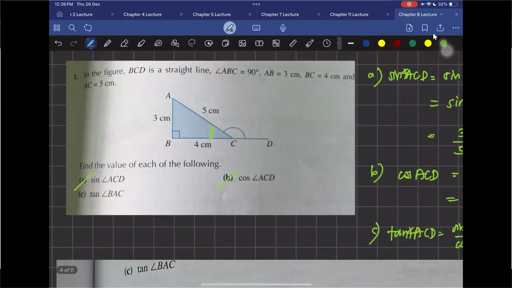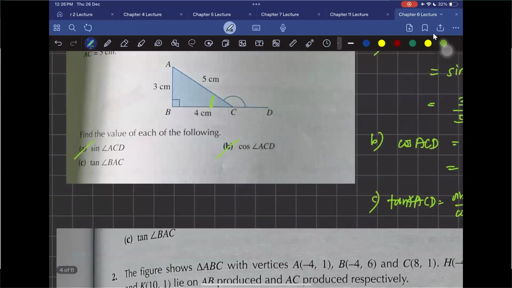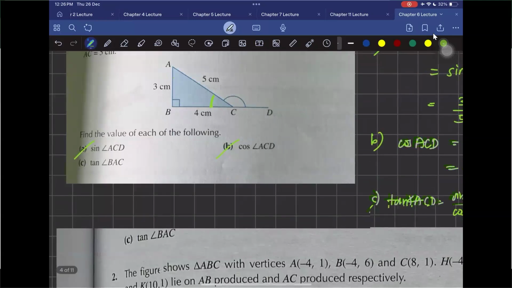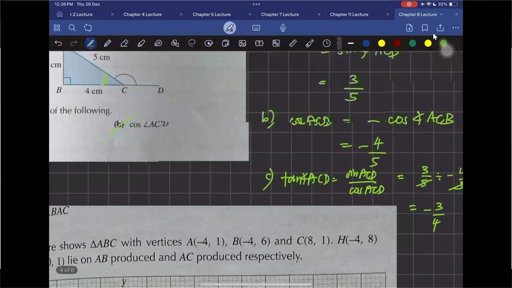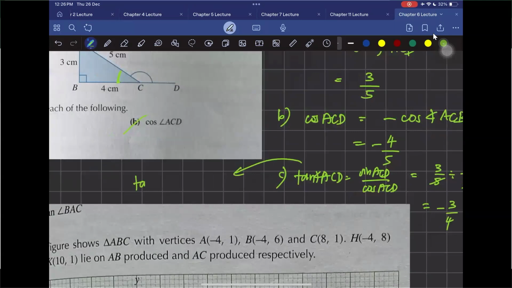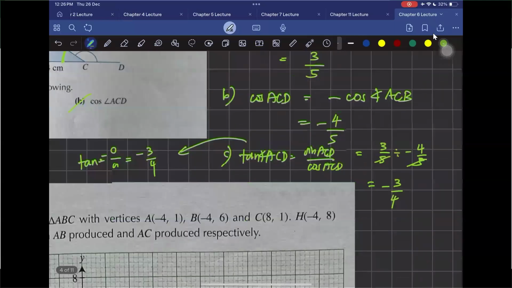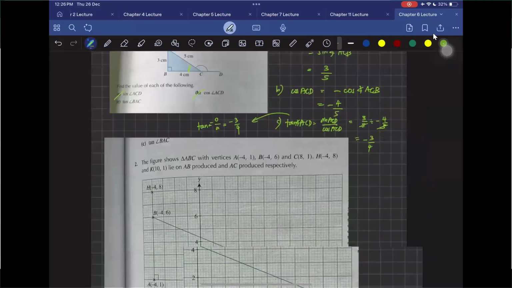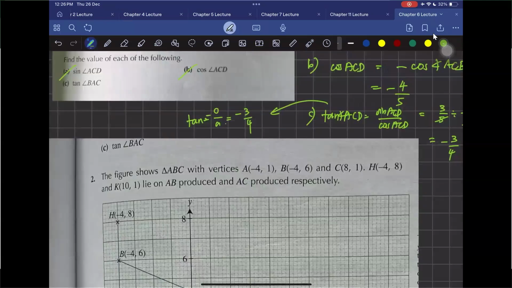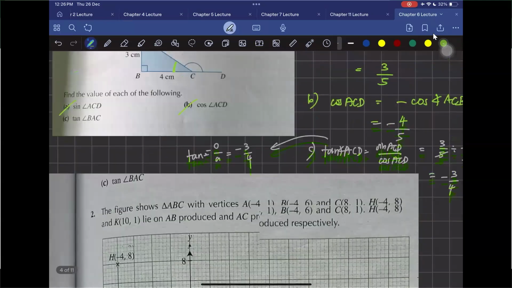So your tangent is your opposite over adjacent. So it should be AB over BC. So tangent equals to opposite over adjacent, negative 3 over 4. Since your angle is more than 90 degrees. Okay. So you should automatically plug in the negative when your angle is more than 90.